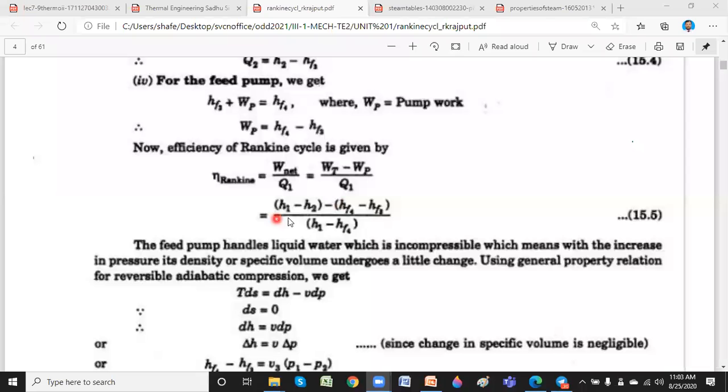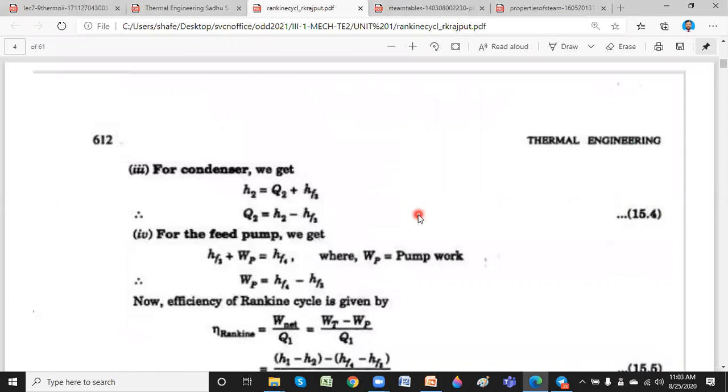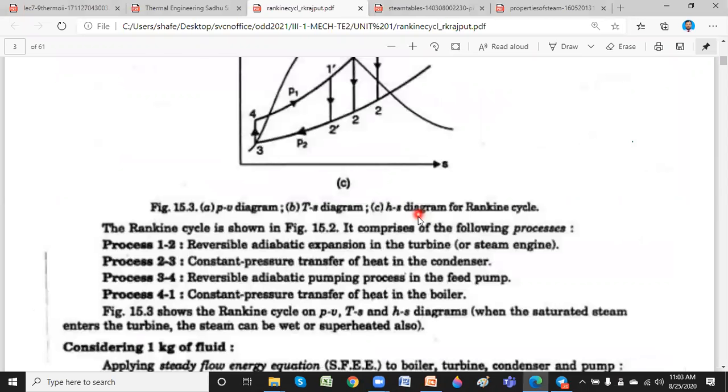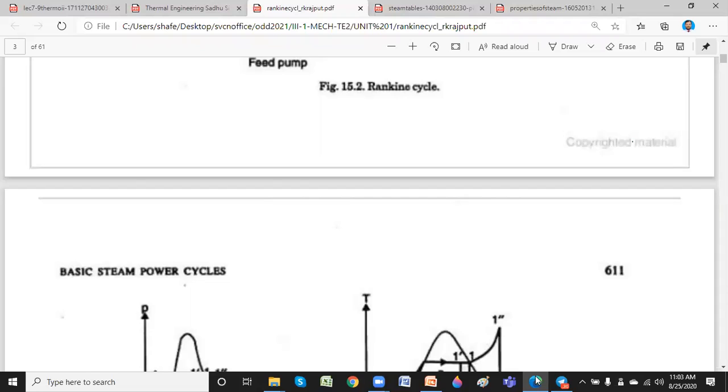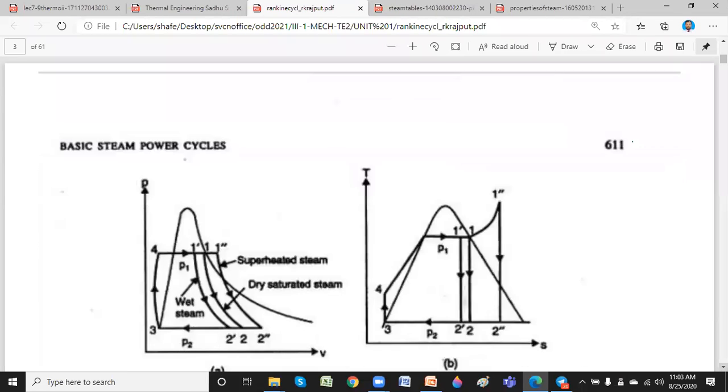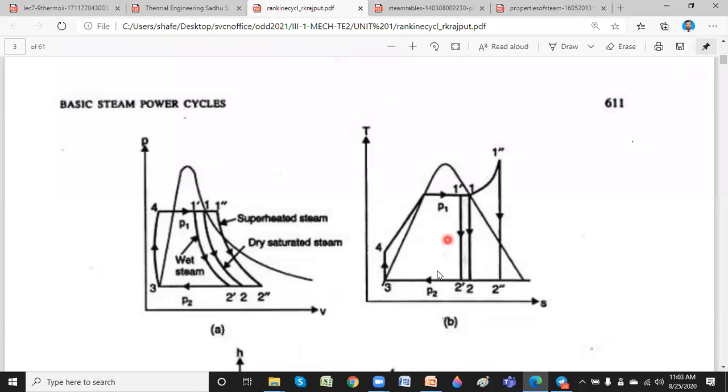So I explained how to take 1, 2 as well as 1, 4. I think the only thing left is how to find the process 3 to 4.